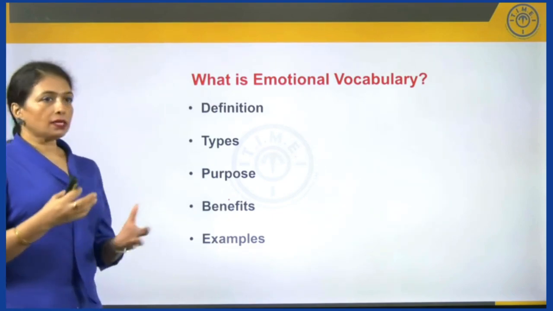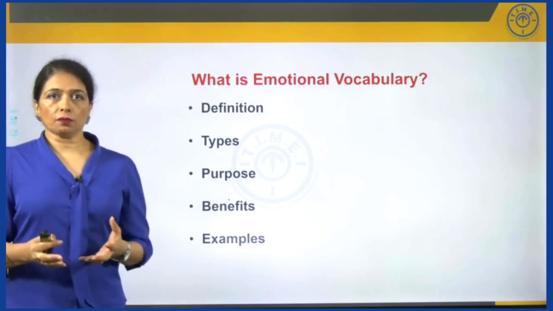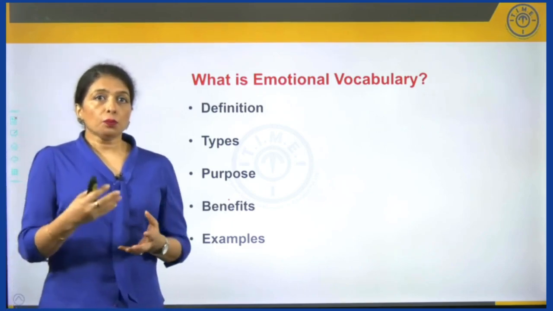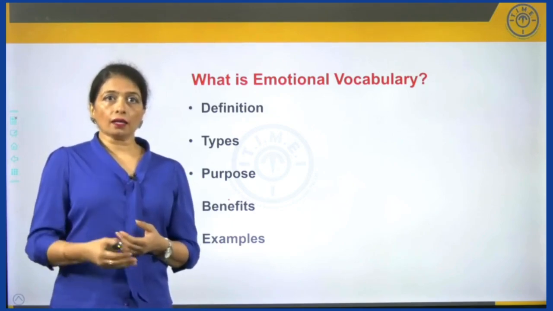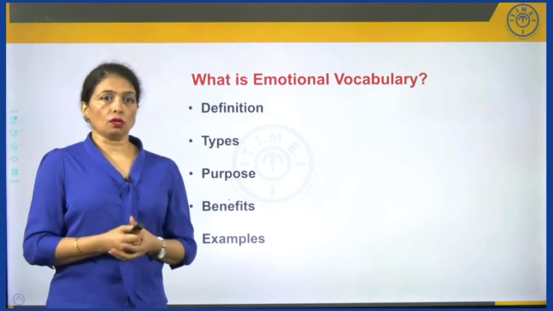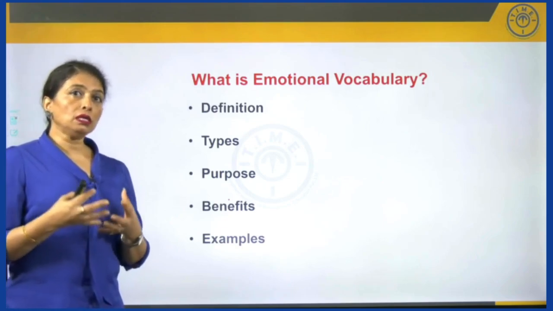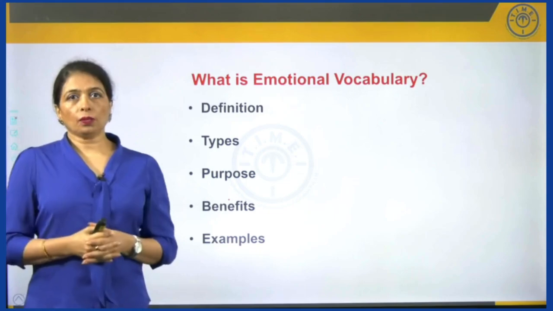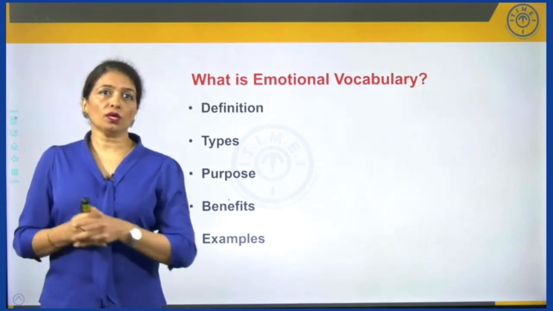Then what are the types? I'll discuss the types with you, but the commonly experienced types are love, happiness, anger, fear, sorrow, etc. Then what is the purpose of emotional vocabulary? Why do we need to know what emotion words convey?